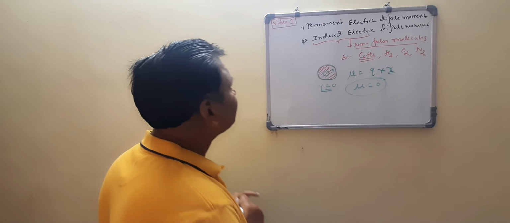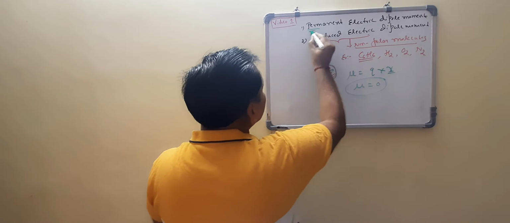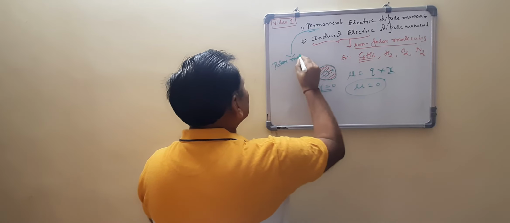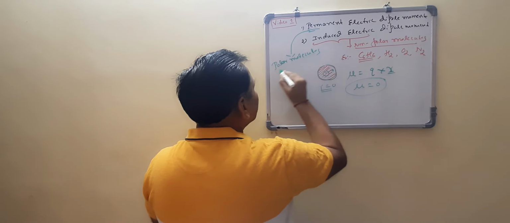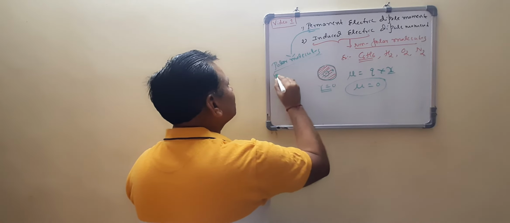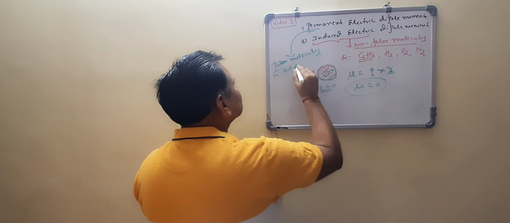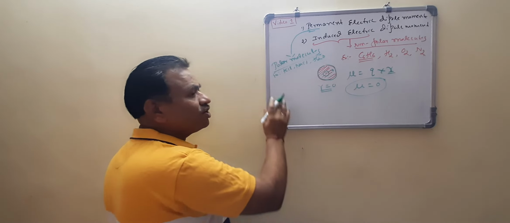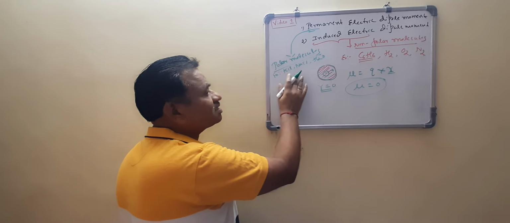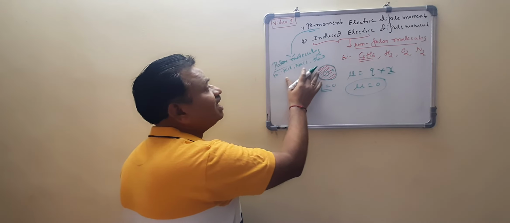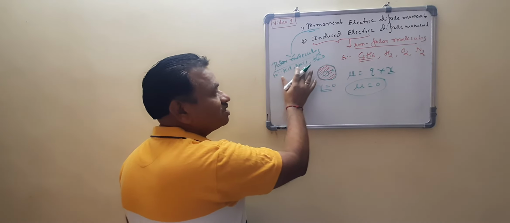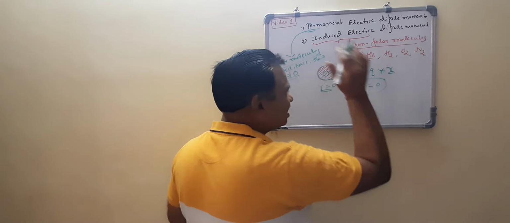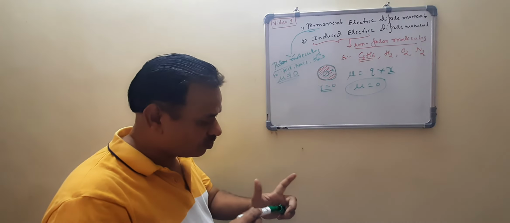But I forgot to tell one more thing, that is with respect to this, polar molecules and non-polar molecules. Polar molecules, examples are hydrochloric acid, sodium chloride, water, I think we studied in chemistry also, where positive charge and negative charge are separated by a finite distance, where dipole moment is not equal to 0.